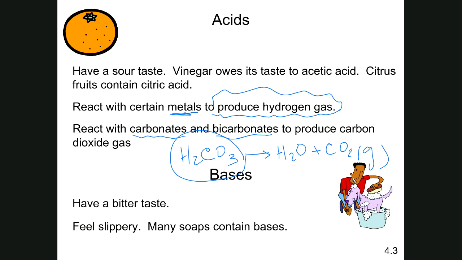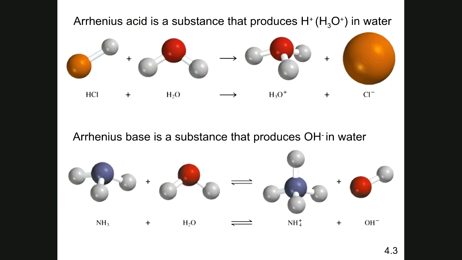Bases have a bitter taste, they feel slippery, and many soaps are basic. They contain base or they are basic. Simple bases are hydroxide compounds of group 1, hydroxide compounds of metals.